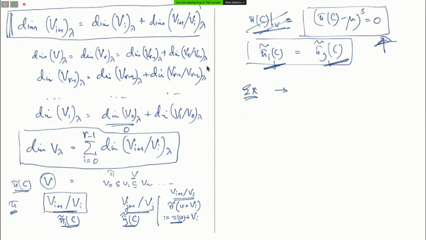So the consequence of that, maybe I should have stated in the beginning, is that what we know is that all these are irreducibles. What this will tell us is that these are all the same irreducible.